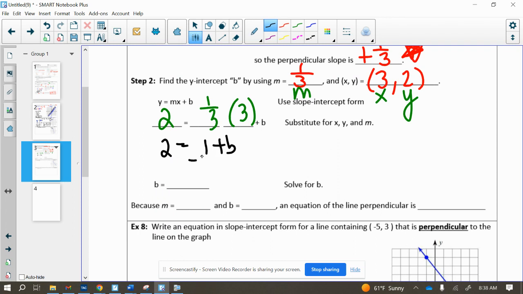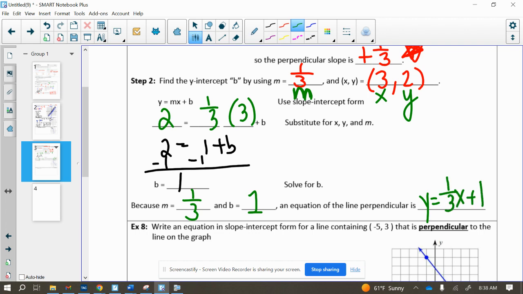And then if we subtract 1 over, our b value this time ends up equaling, not 3, we're subtracting, ends up equaling 1. So again, our slope we're using for this perpendicular line is 1/3. Our b value is 1. And y equals mx plus b for this perpendicular line.